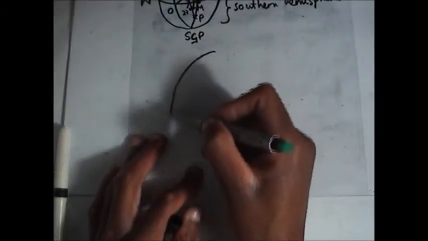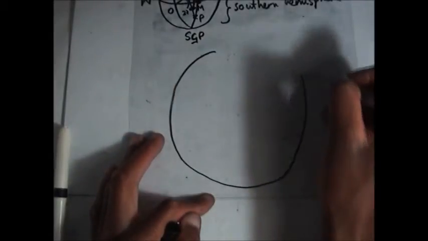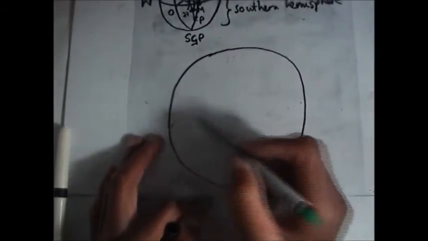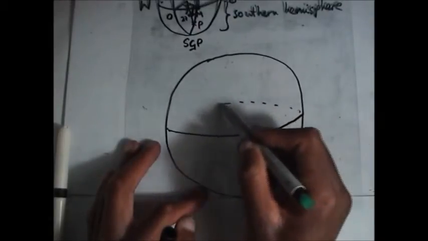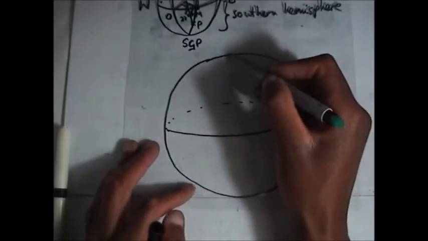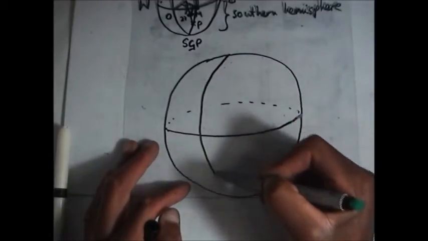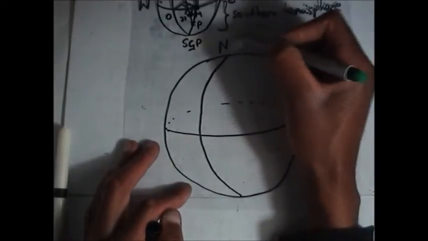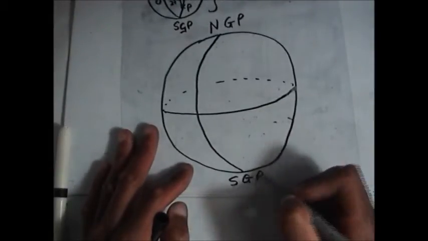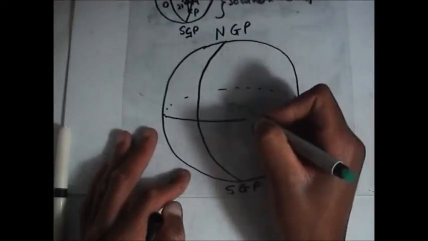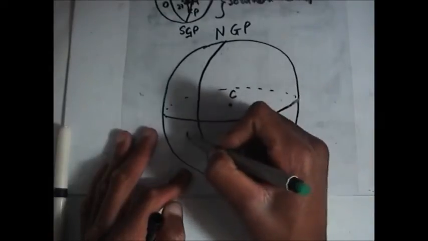So for you to nicely see this diagram, let me draw a larger one. This is going to be our equator, goes at the back, and then this is going to be our Greenwich meridian, goes from the north geographical pole all the way to the south geographical pole. This is our core, and this is our origin.